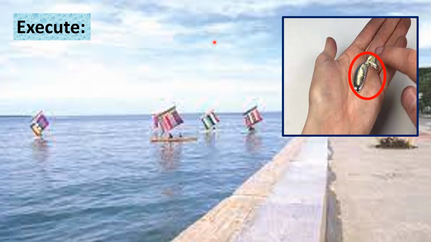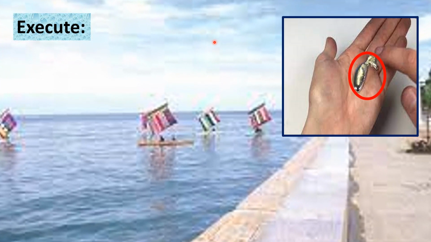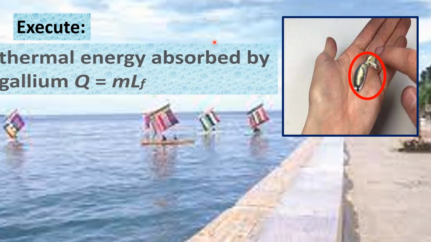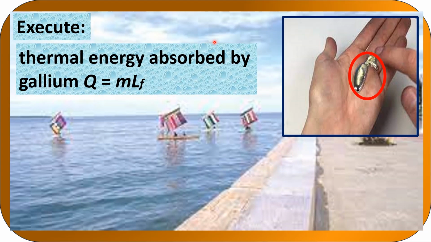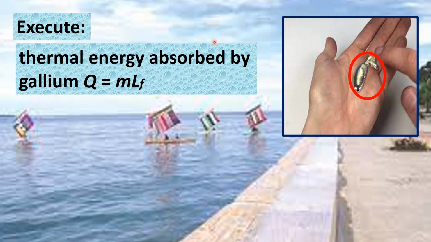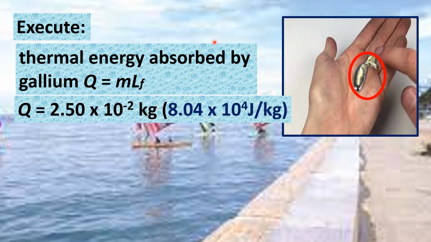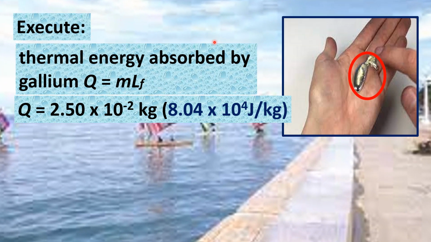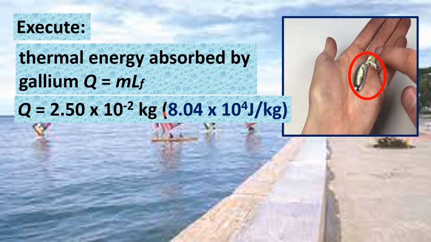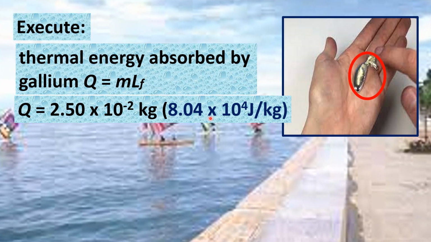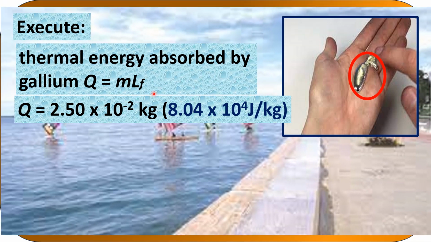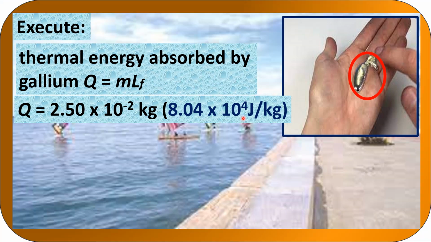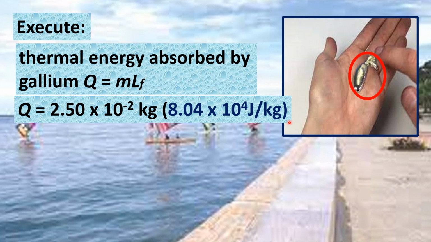Moving on now to our computation, the energy absorbed by the gallium metal, Q, which is equal to the mass multiplied by the latent heat of fusion, is equal to 2.50 times 10 to the negative 2 power kilogram times the value of the heat of fusion, 8.04 times 10 to the fourth power joules per kilogram.